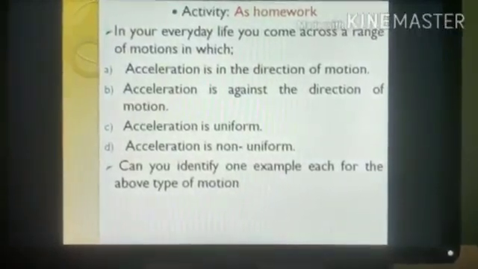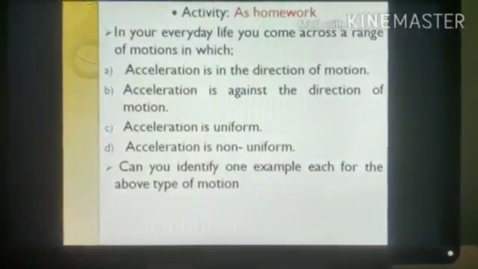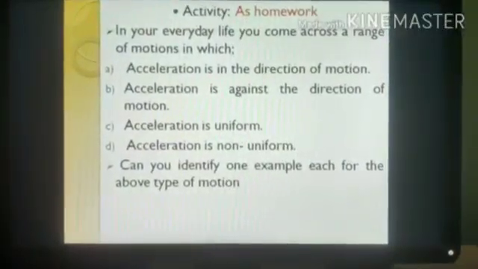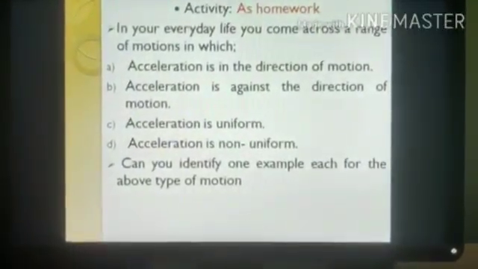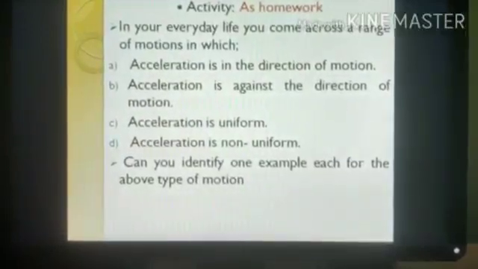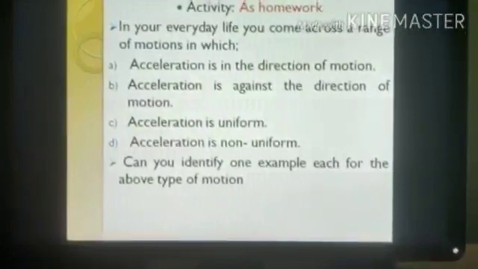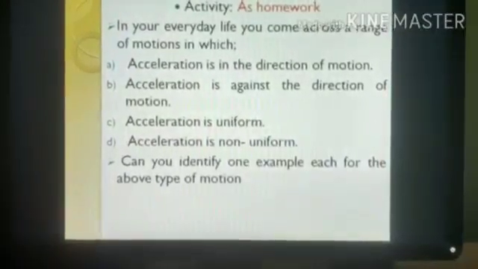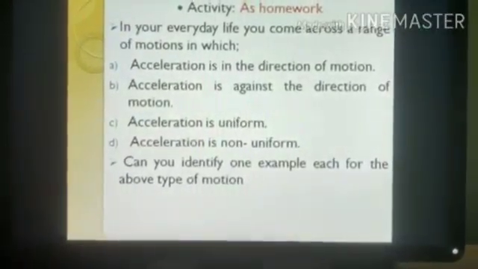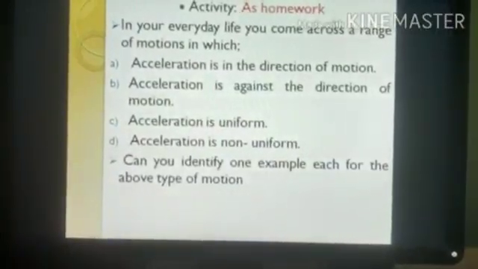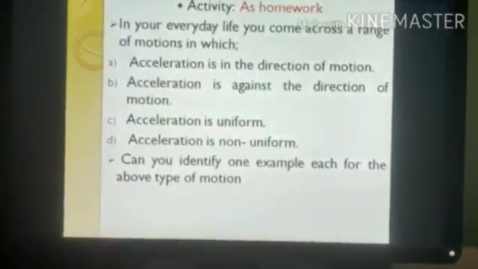You have to note down where you have seen acceleration in the direction of motion. Once you come across that, you have to tell me the answer. The second one, acceleration is against the direction of motion. Third, motion is uniform. Fourth, acceleration is non-uniform. Can you identify one example each for the above types of motion?